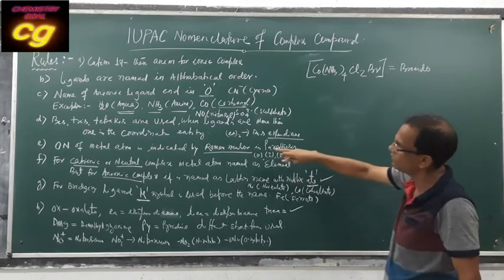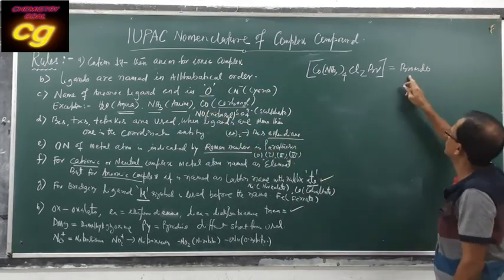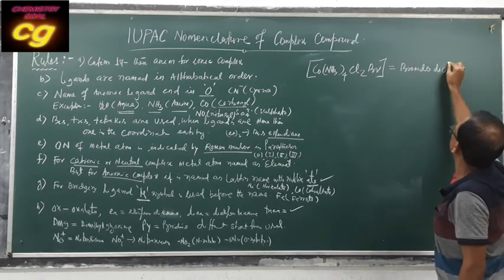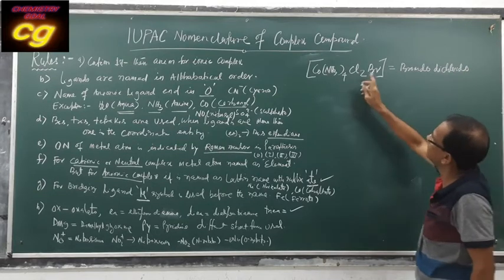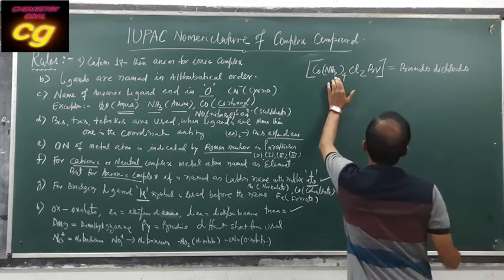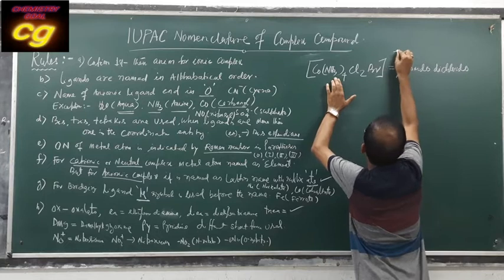Bromido, because already we discussed that O will be used in the ligand name. So bromido, then dichlorido, then, before that, amine is here. You can add that amine, also tetraamine.